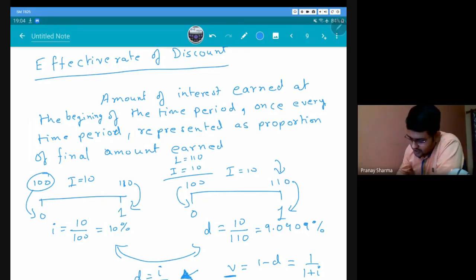Here I'm saying on every 100 rupees that you will receive from me, I will charge you 10 rupees as interest, but you will give me that 10 rupees at the beginning of the year.